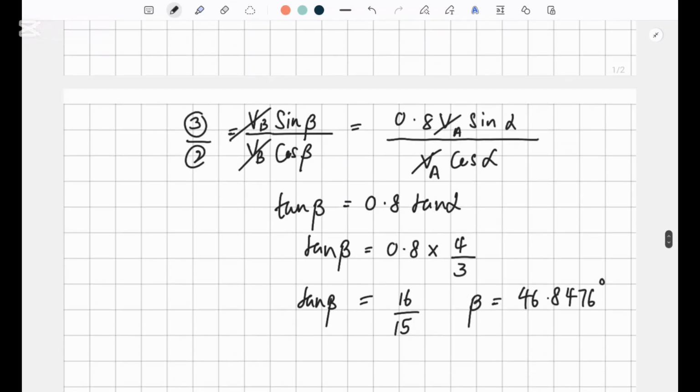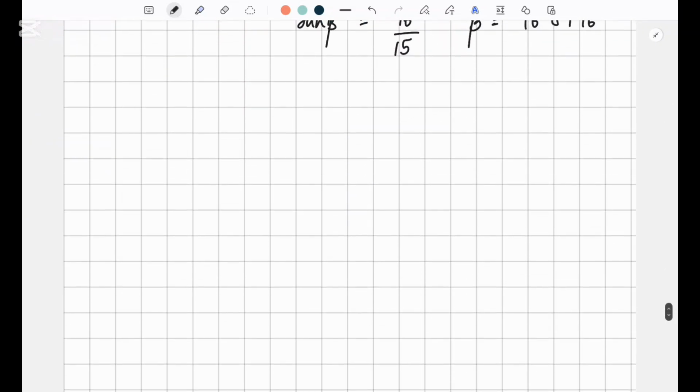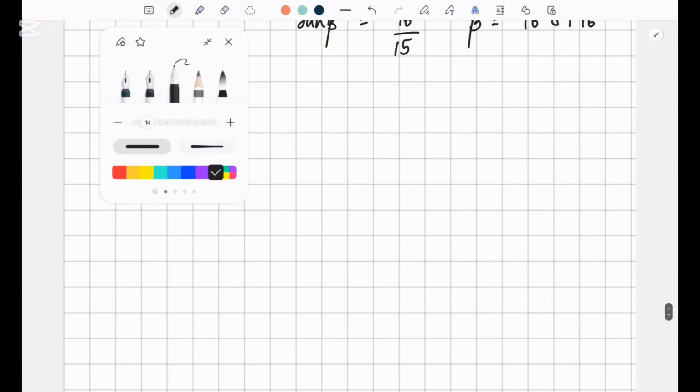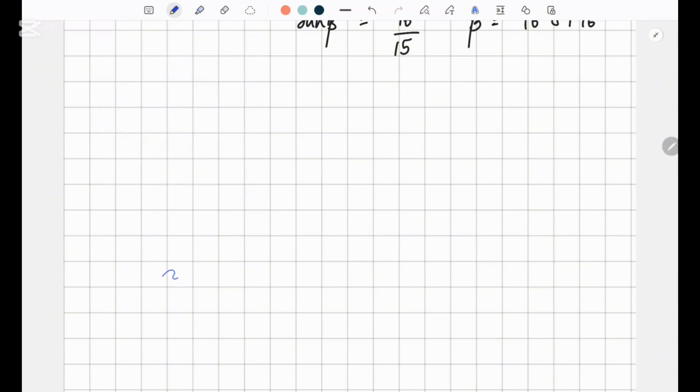Now let's focus on our projectile motion section. I'll write in blue. This is your particle, and it bounces off at an angle of beta. But we need the angle between the velocity and the horizontal, so I'll name it theta.